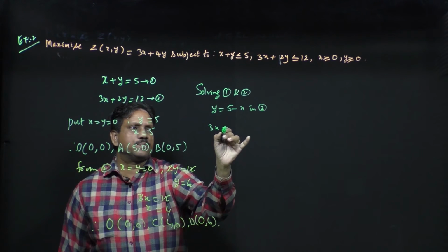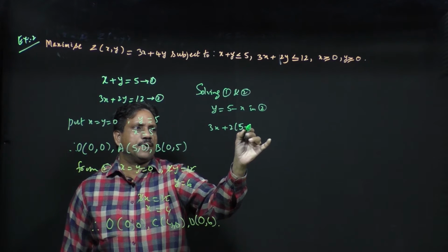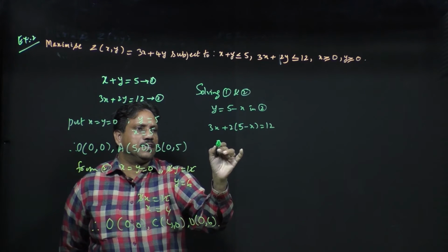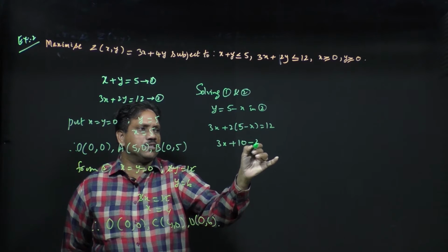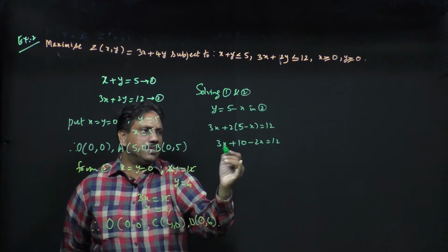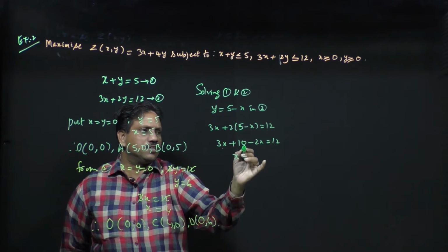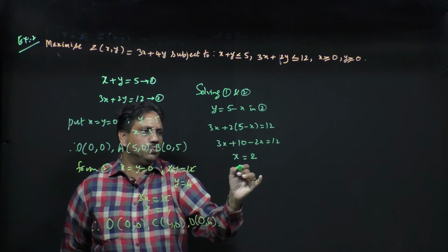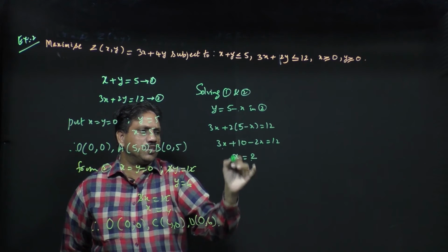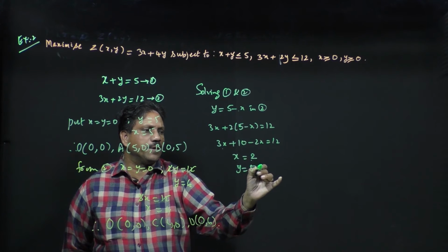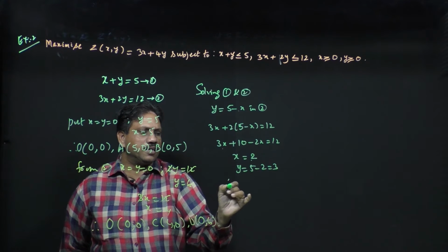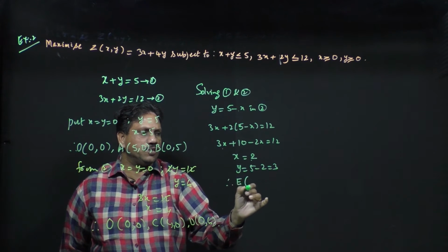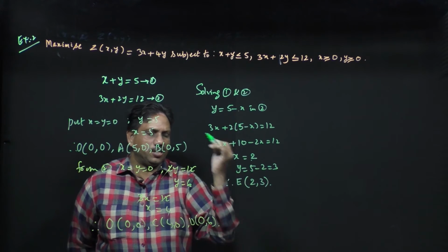That means 3x plus 2 into 5 minus x equal to 12. That is 3x plus 10 minus 2x equal to 12. 3x minus 2x is x, and 12 minus 10 is 2. So x equal to 2, and y equal to 5 minus 2, which is 3. Let us say the point of intersection E is 2, 3.